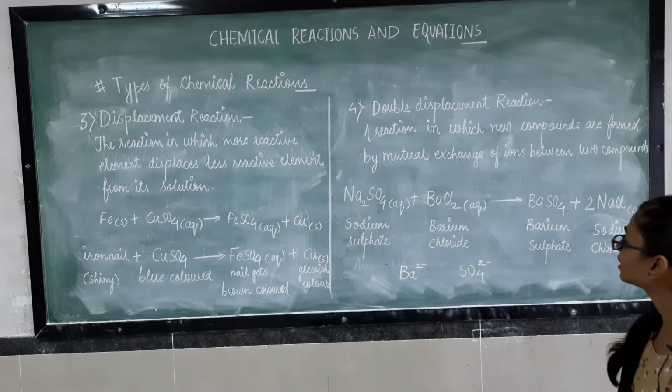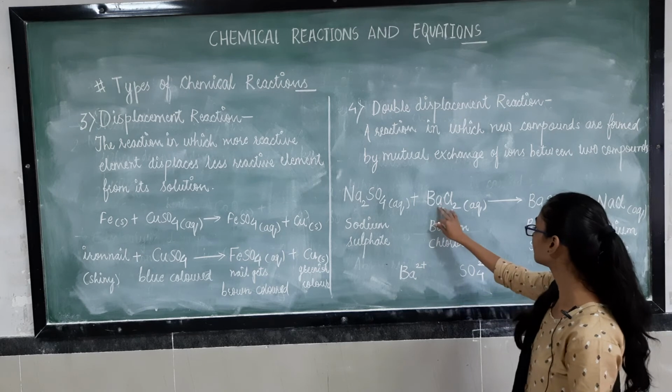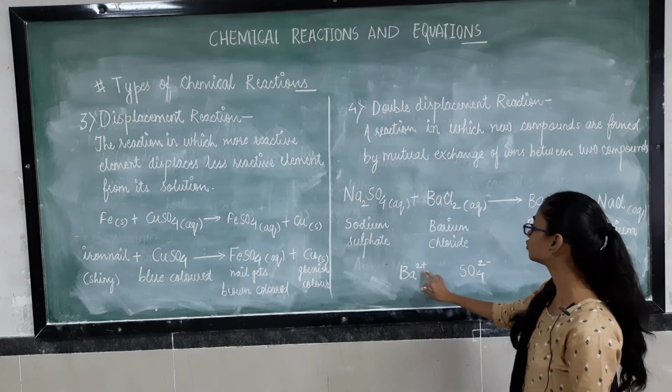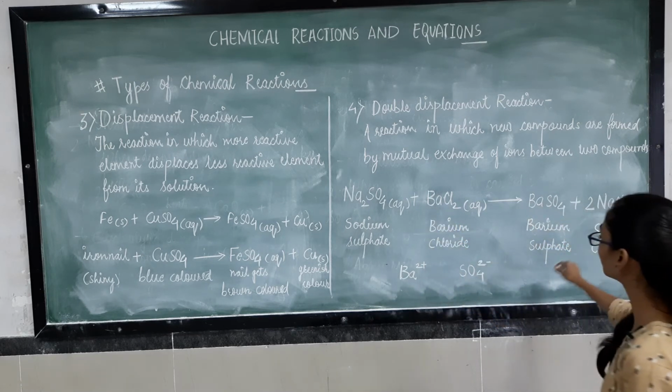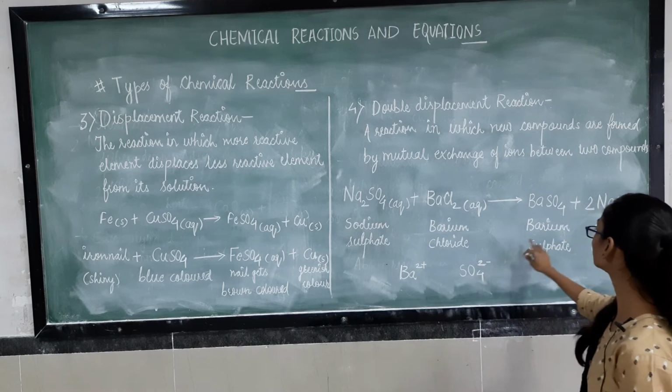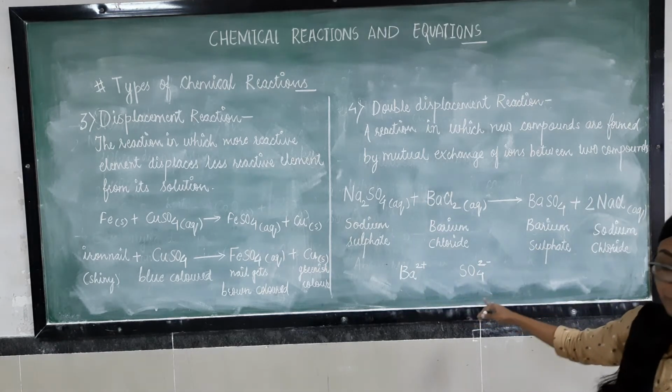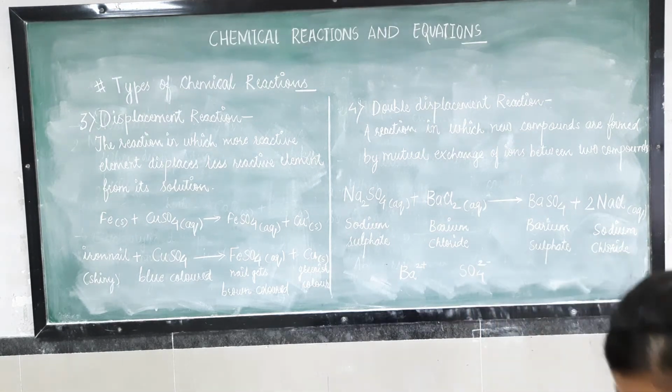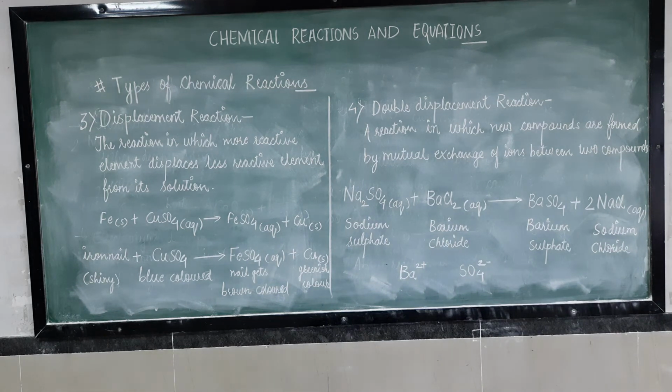So here what happens, barium has a +2 valency and +2 ions, and sulfate has -2. So both these fulfill their ions, both satisfy each other by exchanging their ions, and then they form a product that is called barium sulfate.